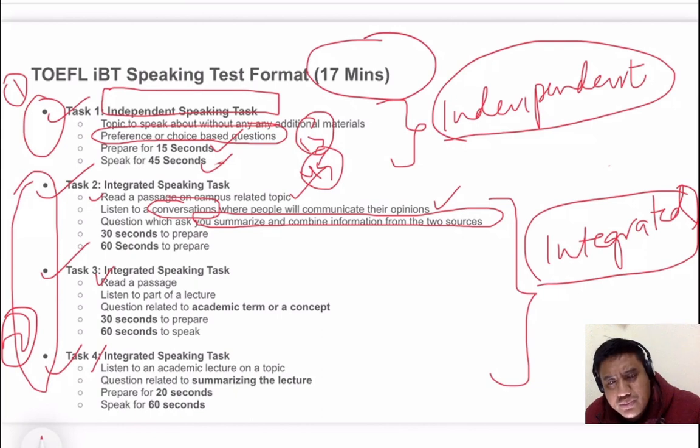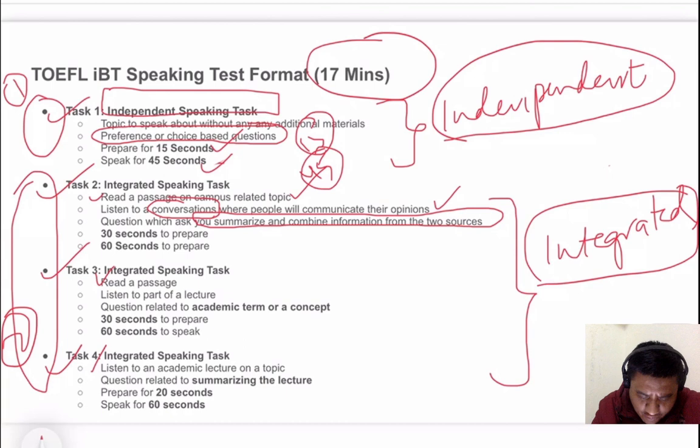If two people, person A and person B, are having a conversation, and person A says it's a very bad idea and gives some reason, the other person either agrees or disagrees. Now they might ask you, what was the opinion of person A, and what was the reason why he held that opinion? Such questions are given.